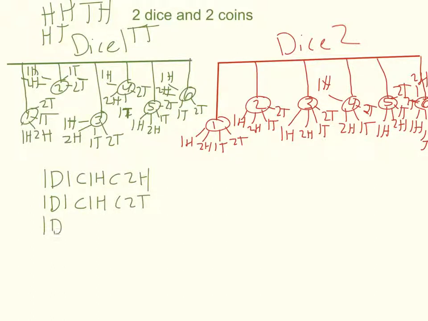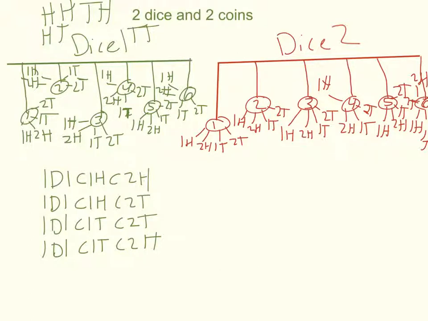First die, side 1, coin 1 tails, coin 2 tails, and then first die, side 1, coin 1 tails, coin 2 heads. So now we've got 1, 2, 3, 4 different options that could happen with side 1, die 1. And then you're going to continue this chart all the way down through every side for every first die and do the whole same exact thing with the second die, but put the 2 right here instead of the 1.